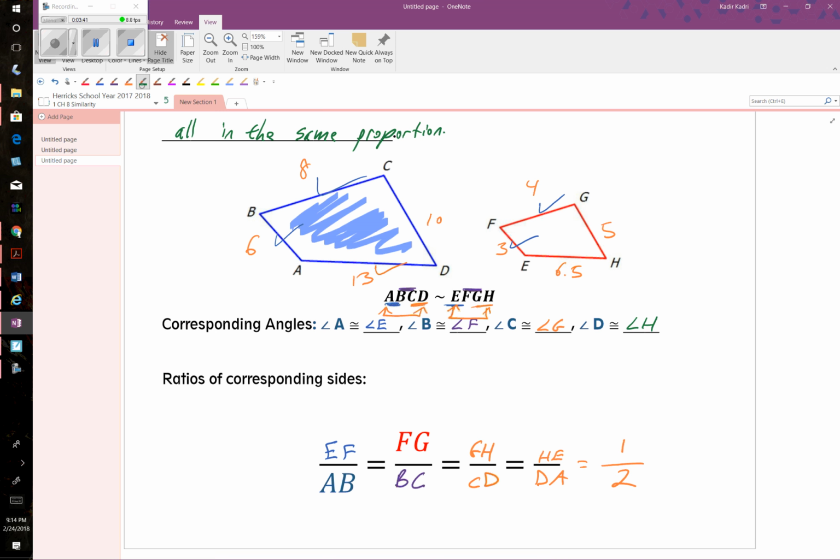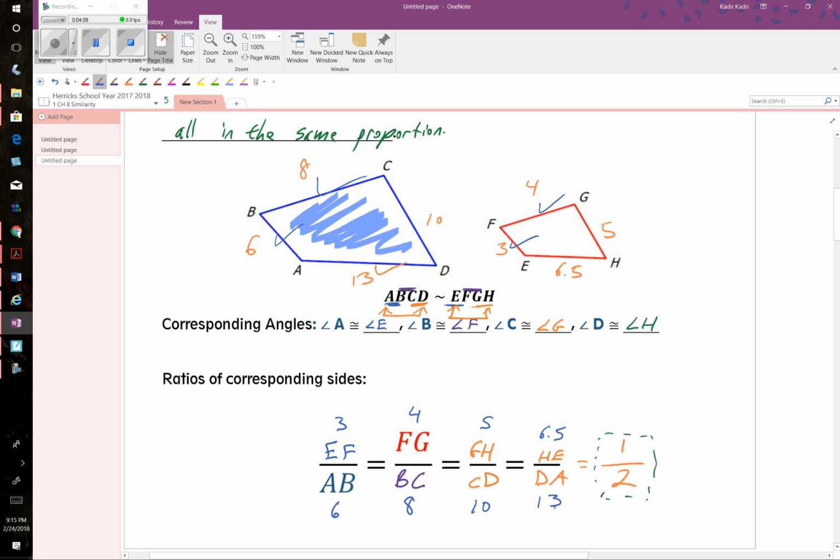And if you look here, this is going to be the scale factor. And how do we know? Well, let's match it up. EF here is 3, AB is 6, FG is 4, BC is 8, GH is 5, CD is 10, HE is 6.5, and DA is 13.